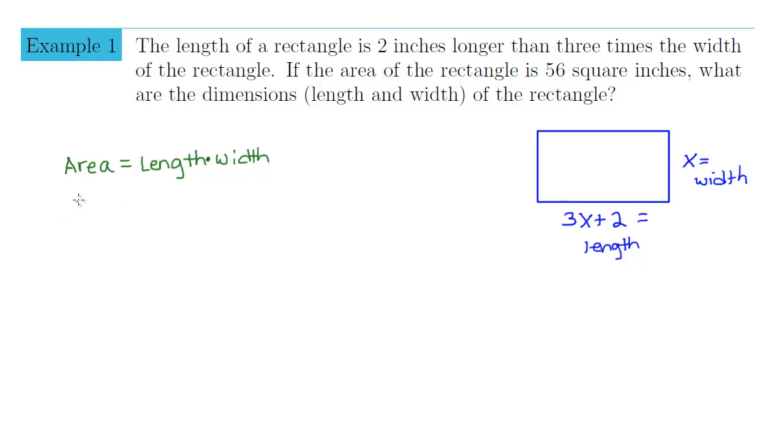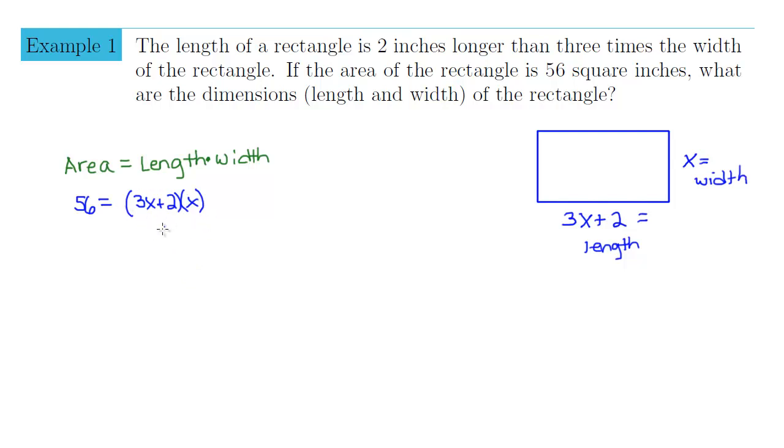The area of the rectangle is 56 square inches. The length of our particular rectangle is 3x plus 2. And our width is x. This is our equation that we can use to solve this problem. Let's make it look nice.